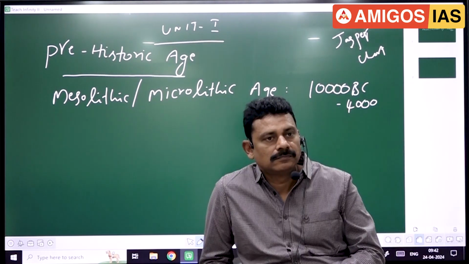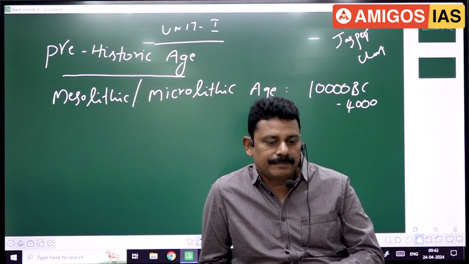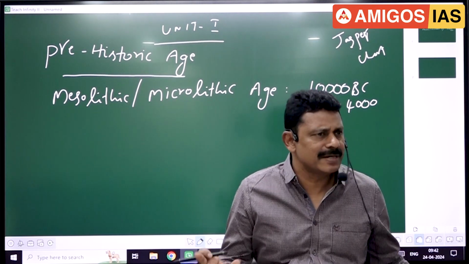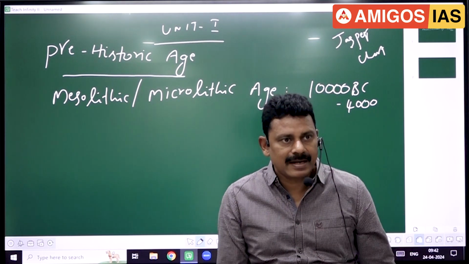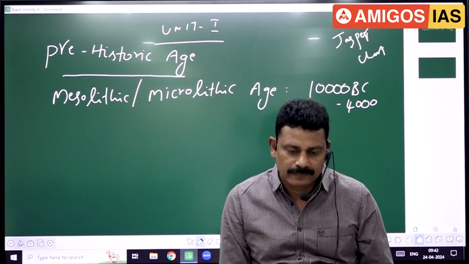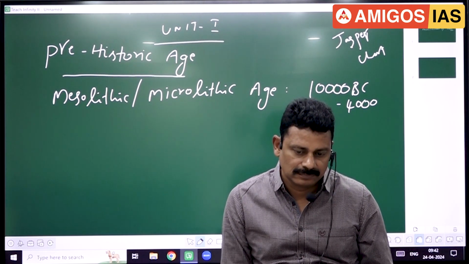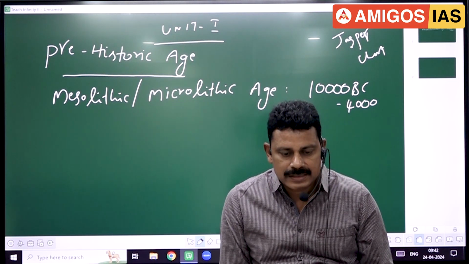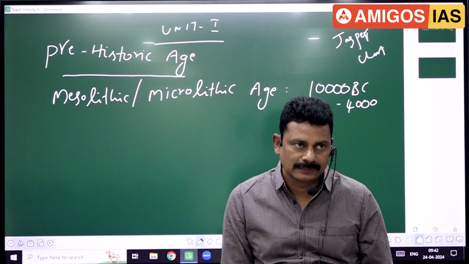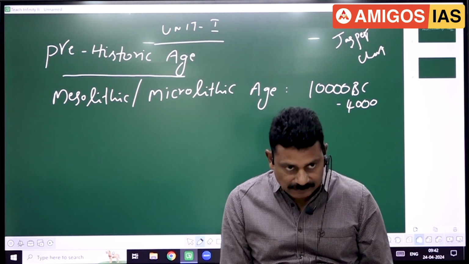Blades, baked angles. Baked means sharp angles. Blades, baked angles, crescent shaped, triangle shaped, square shaped implements.